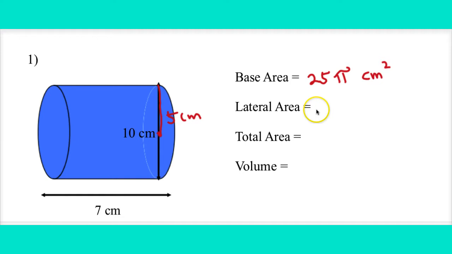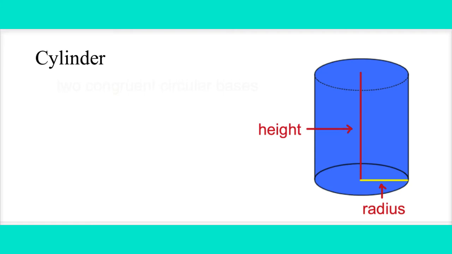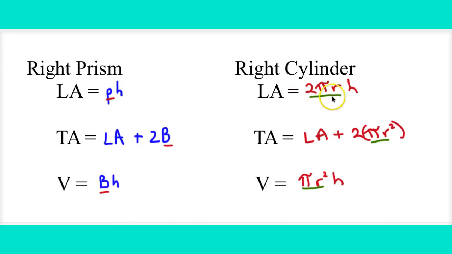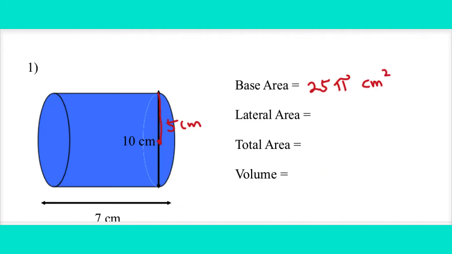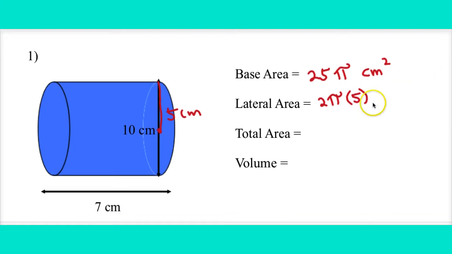The lateral area, if you remember, is, well, let's go back and take a look at the formula. For a cylinder, the lateral area is 2 pi r times the height, because it's the perimeter of the base, which in this case is circumference because the base is a circle. So we'll have 2 pi r, so 2 pi times the radius, which is 5, times our height, and our height is 7.